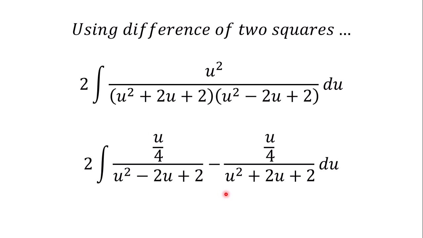You just pause the video and then simplify this fraction. This one is the same denominator here. This times this. This times this. Factor out the u over 4 and find out if you are not going to get this one back.